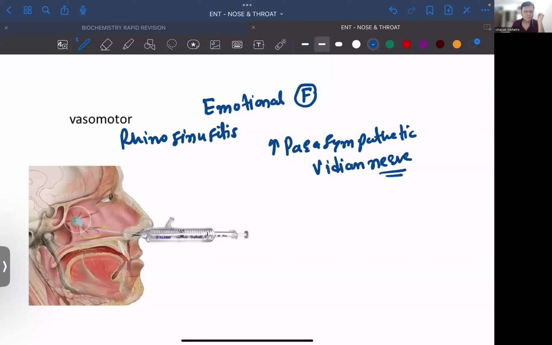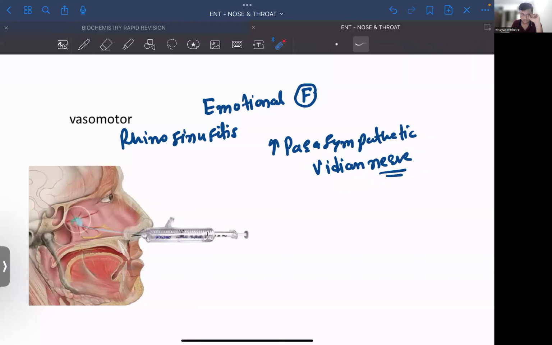Median nerve. Hint क्या है पेपर में? Emotional female. Now, which nerve is involved over here? Median nerve, right? It is not because of some kind of allergens.